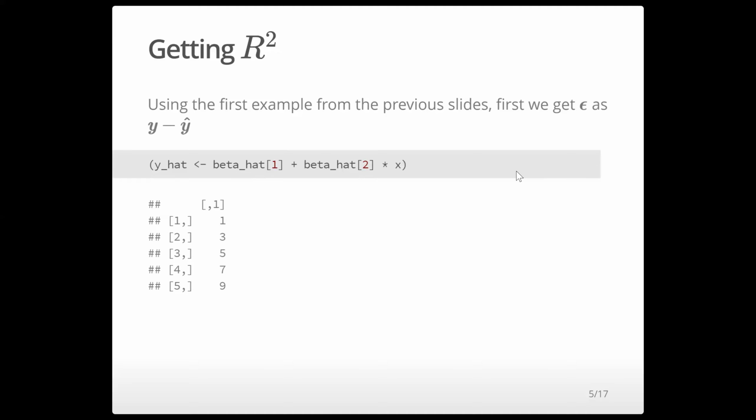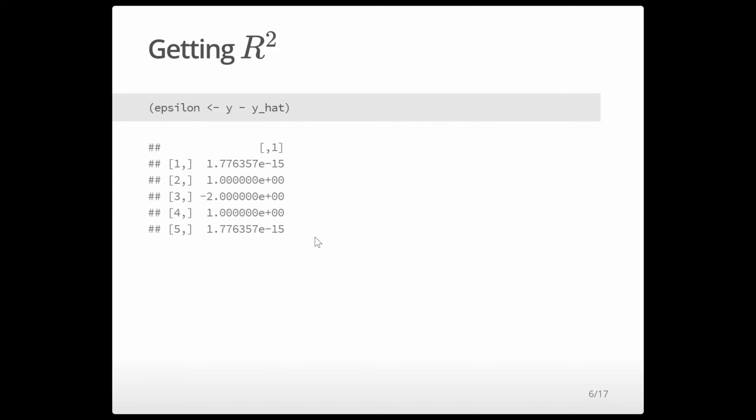To get the response as estimated by the model, I'm just taking the intercept that I estimated in beta hat, and then the coefficient, and multiplying it by x. That gives me my estimated y's, which I'm calling y hat. Then I take y minus y hat, and that gives me my residuals, which I'm calling epsilon here.